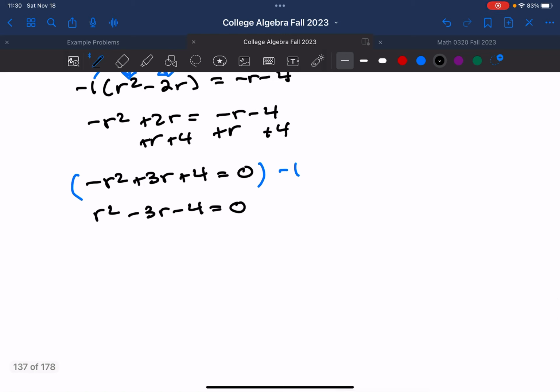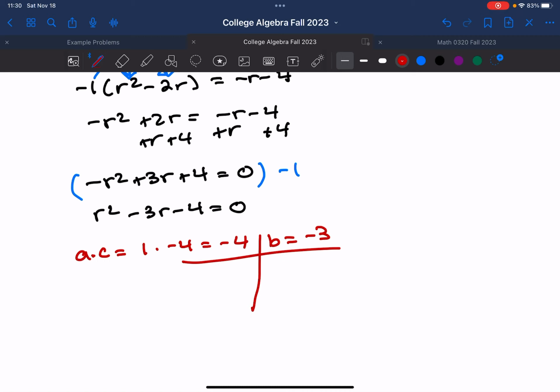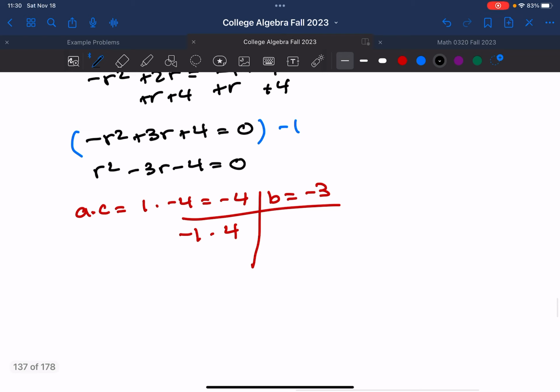Now that I have a quadratic equation, I'm going to do my AC method. So 1 times negative 4, which is negative 4, and my b value, which is negative 3. So I need two numbers that multiply to negative 4 but add to negative 3, and that's going to be negative 1 times 4. Rewrite this: r squared minus r plus 4r minus 4 equals 0.